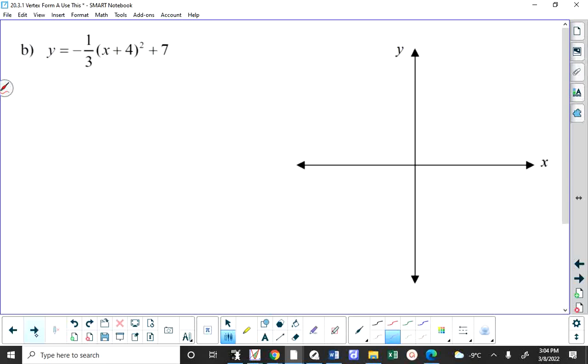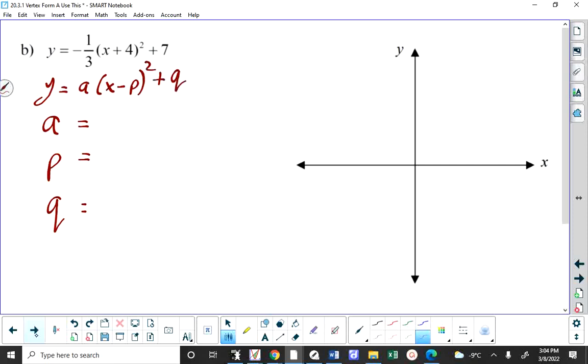So let's take a minute, and I want everybody to write down what a, p, and q are equal to. Remember, you are comparing the function to y equals a times x minus p quantity squared plus q. Pretty straightforward. A is negative 1/3, q is 7, p is negative 4.